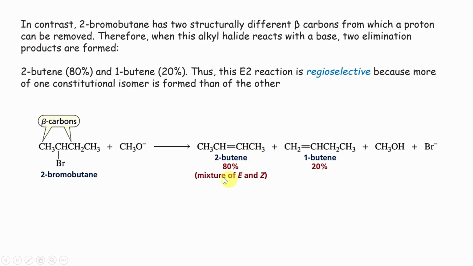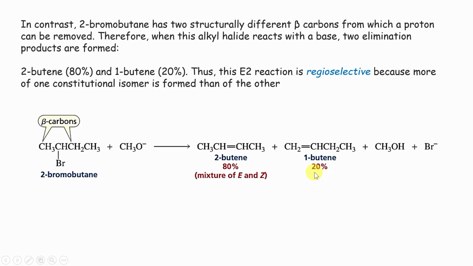Among these, 2-butene is obtained at about 80%, which exists as its stereoisomers E and Z, whereas 1-butene is obtained in 20% yield.